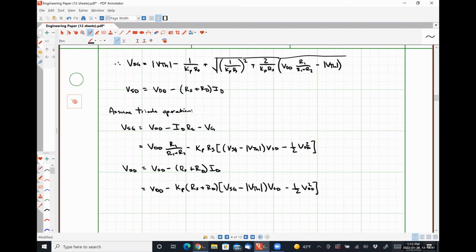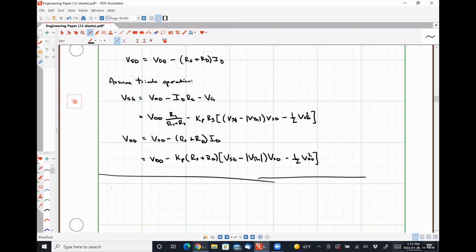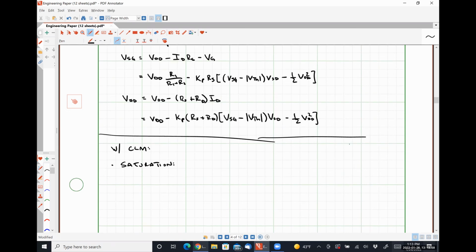Okay, so with channel length modulation, assuming saturation, the result of literally plugging in the saturation with channel length modulation value for ID into these two gives us the two equations.